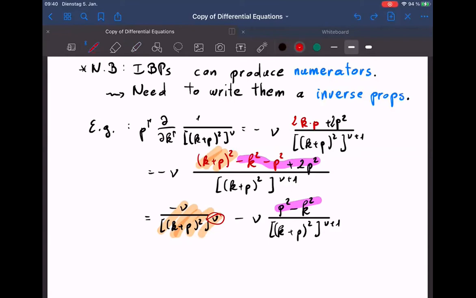But now this numerator, I can interpret it in the following way. It has this p squared term, which we said is harmless, because that's a constant, has nothing to do with the integral. While the other term here looks like a propagator, but in the numerator. So this term here is like 1 over k squared to the power minus 1. So that is like another propagator raised to the power minus 1.